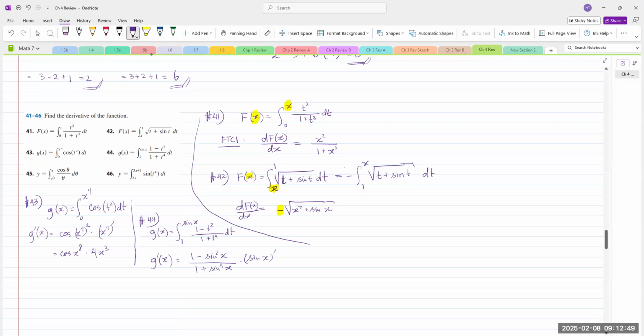Okay, which will be cosine x. But I have another cosine squared x from here. Let me just put it as cosine cubed x over 1 plus sine to the 4th x.